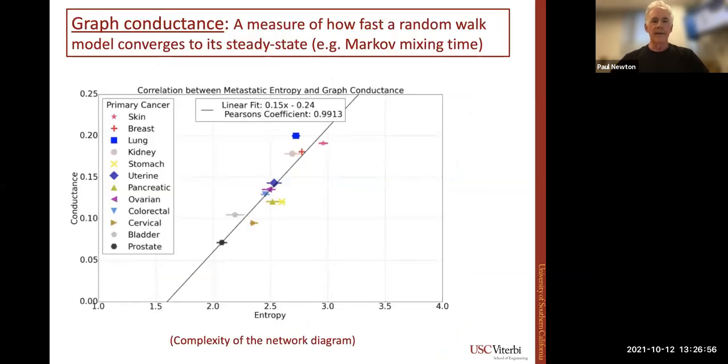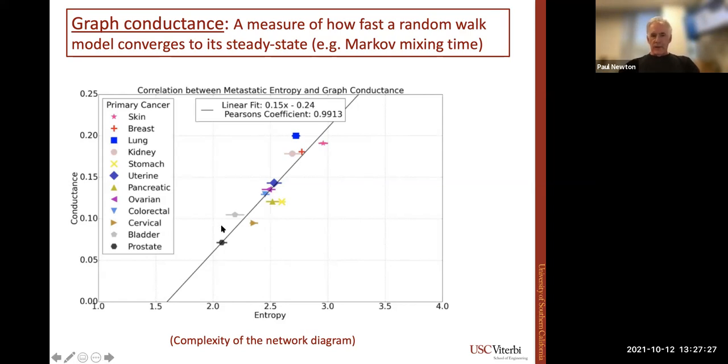All right, one last point that I want to make here, and that is that the complexity of the network diagram is very, very highly correlated to the entropy number that I showed you earlier. So for all of these cancers that I had showed you before, we're plotting here entropy versus something called the graph conductance, which is a measure of how fast a random walk model converges to its steady state, which you could think of as the Markov mixing time.